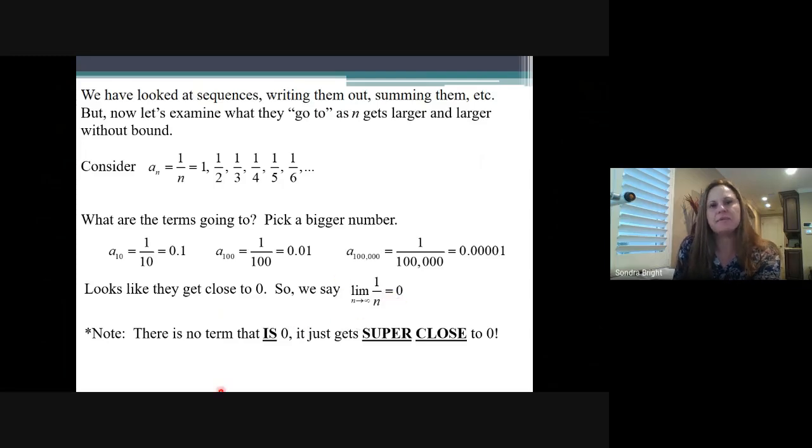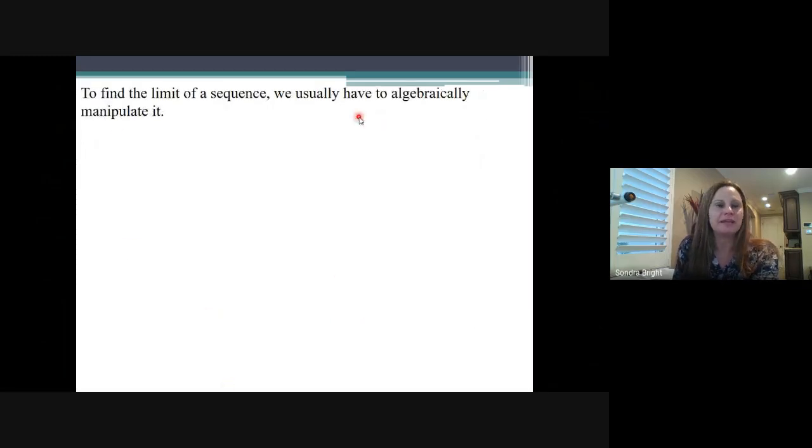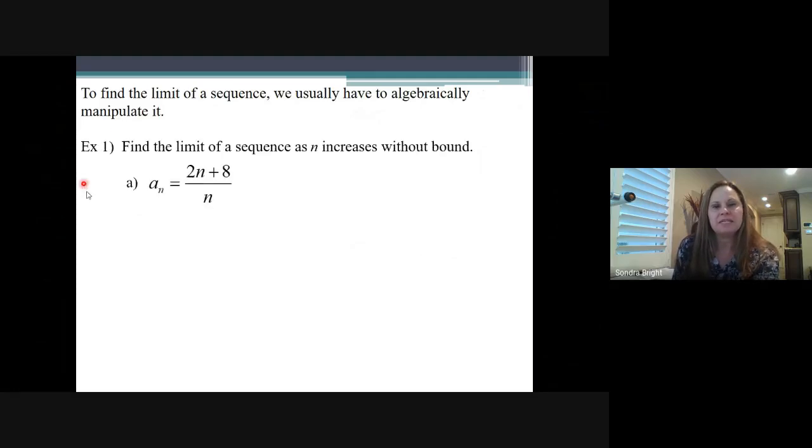All right, so to find the limit of a sequence, we usually have to algebraically manipulate it. So for example, let's find the limit of the sequence as n increases without bound. That's saying find that limit as n goes to infinity. What if the nth term is 2n plus 8 over n?